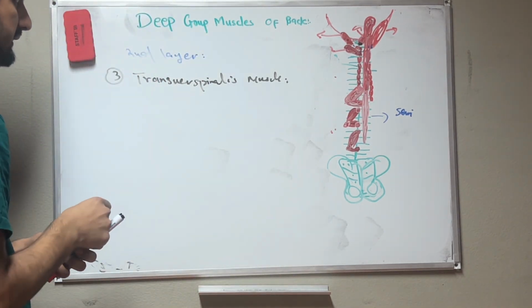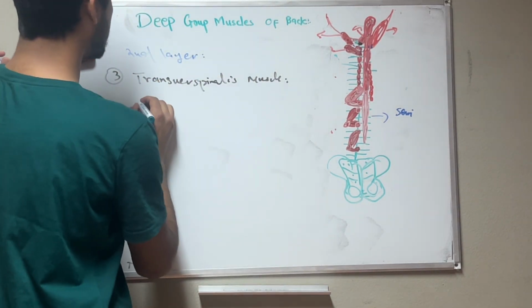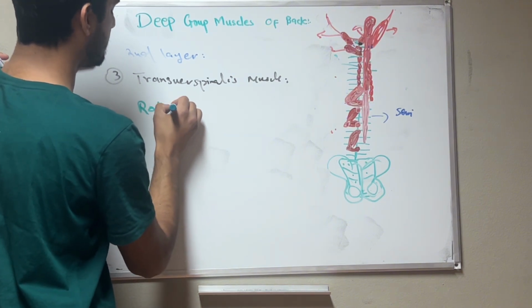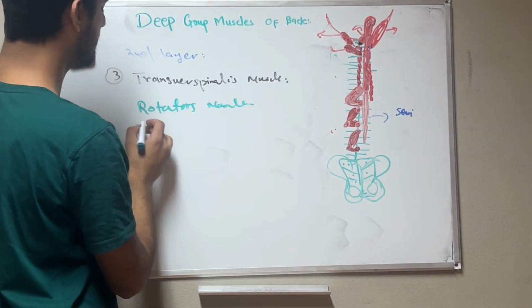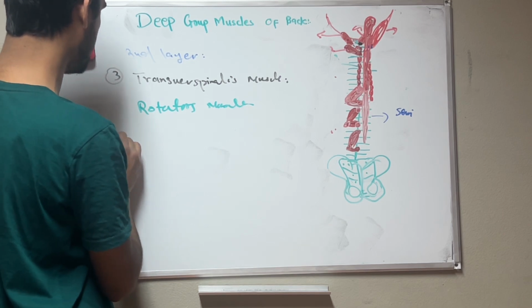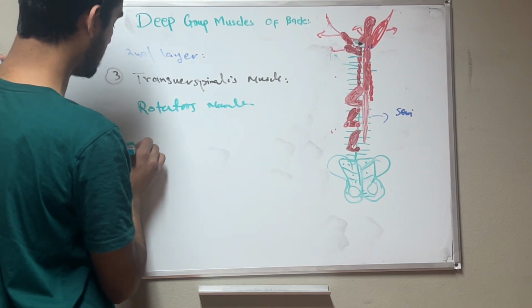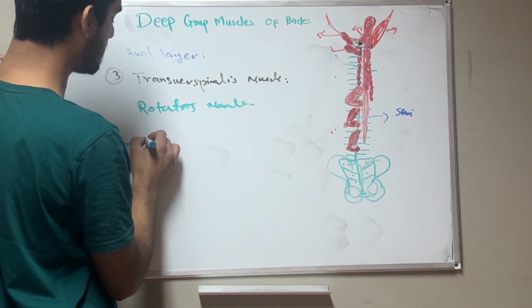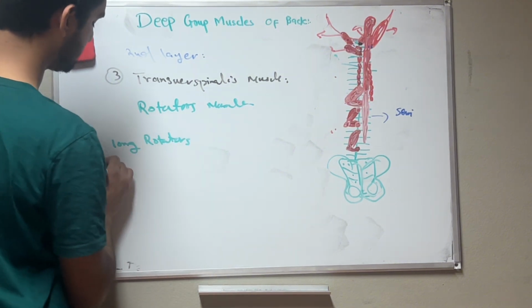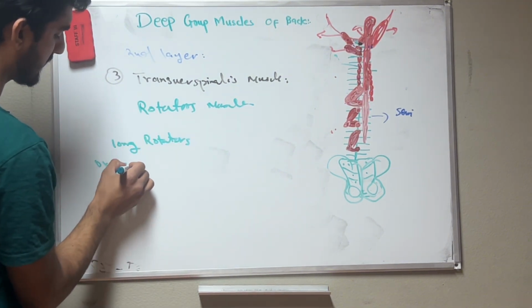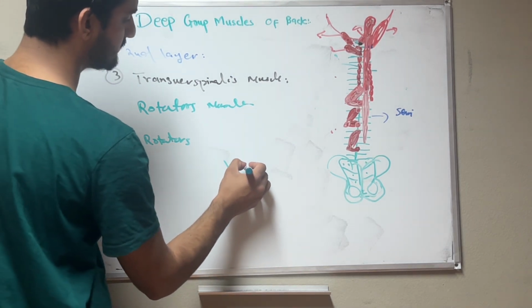In the transverse spinalis muscle, we have the rotator muscle, which also has two types, short and long. Long first, the long rotatorus, origination and insertion.